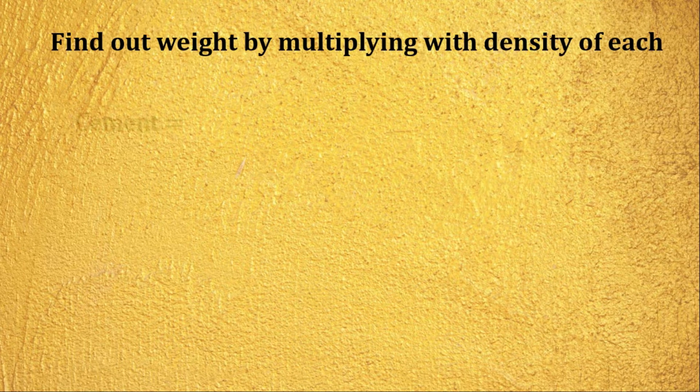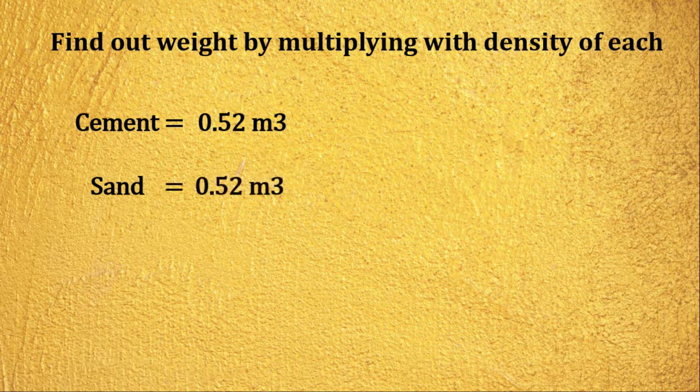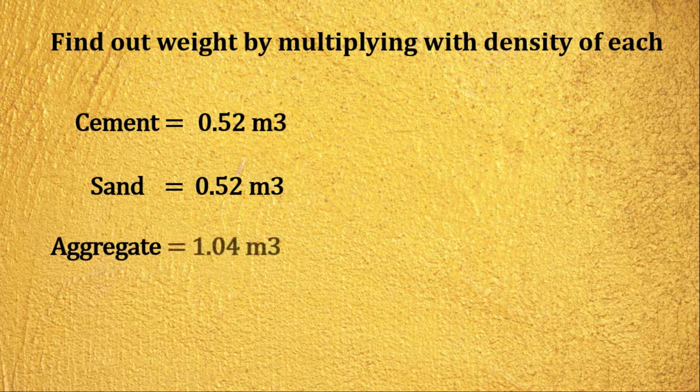For this particular structure, the volume for cement that we have is 0.52, sand we have 0.52, and for aggregate we have 1.04 meter cube of volume. Now to convert this into weight, we need to multiply it with the density of each material.